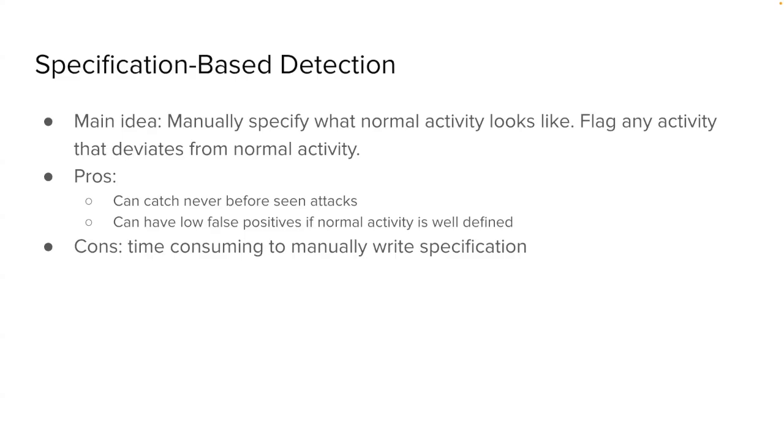The good side is you can catch attacks that have never been seen before, and it has a low false positive rate if normal activity is well defined. The downside is that we need the specification to have a very good definition of normal activity, and it costs time to write good specifications. Just think about the design doc of your project too. It's really hard to write a perfect design doc.